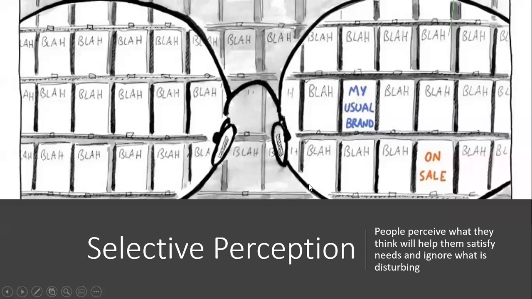So another one is selective perception. Here, people would only see what they think will help them satisfy their needs, and they will ignore anything that is going to disturb them. You can see everything, but like a politician, for instance.